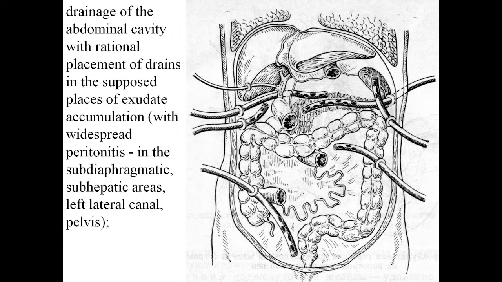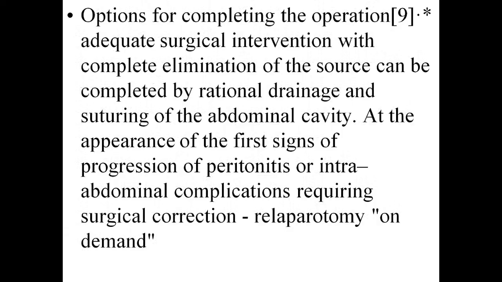With widespread peritonitis, drains are placed in the subdiaphragmatic and subhepatic areas, left lateral canals, and pelvis. Options for completing the operation: adequate surgical intervention with complete elimination of the source can be completed by rational drainage and suturing of the abdominal cavity.